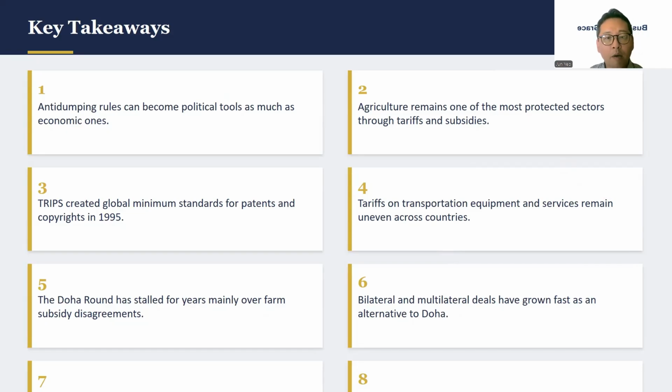In response, bilateral and multilateral trade agreements have grown very quickly as an alternative path forward. Recent events, including Brexit and Trump-era trade policy, have weakened confidence in the global trading system and its main institution, the WTO.